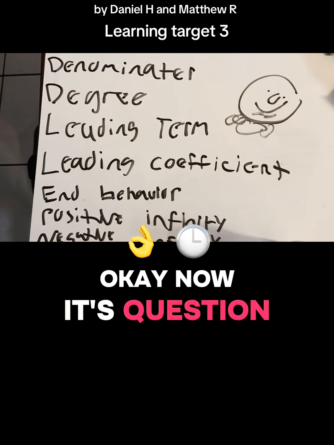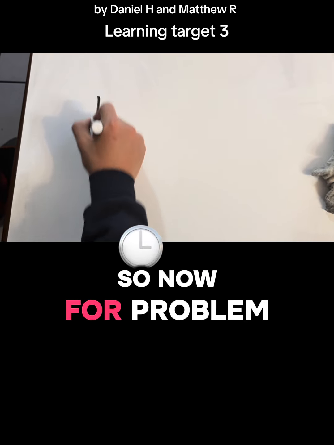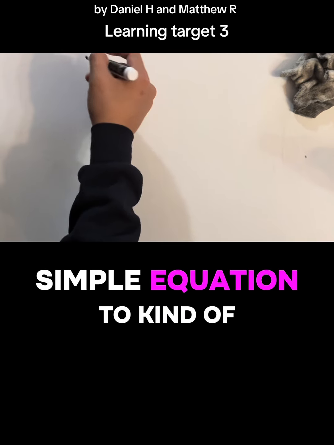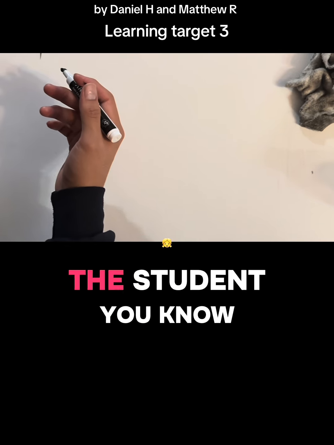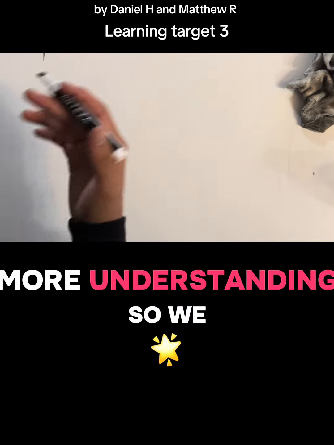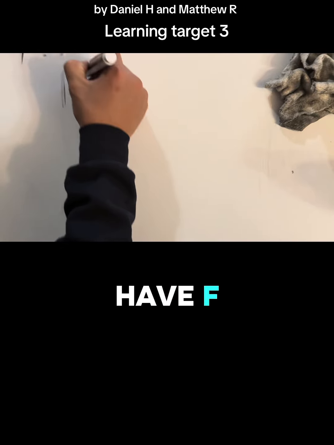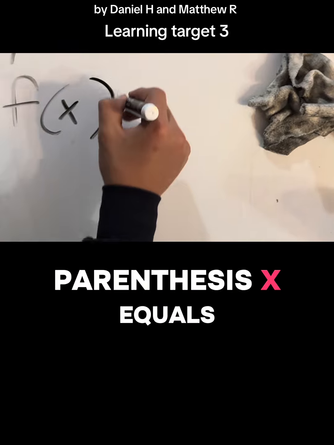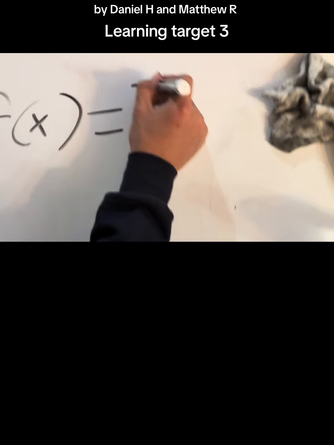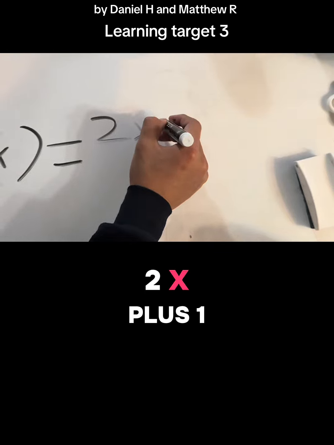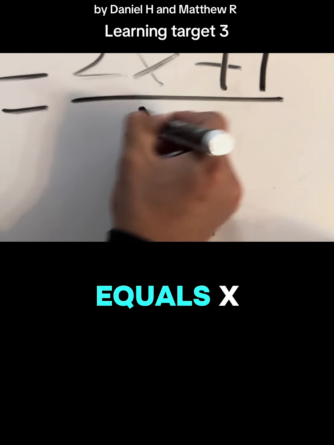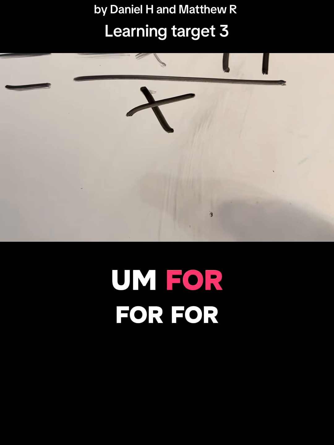Okay, now it's question number uno. So now for problem uno. That's a very simple equation to give the student more understanding. So we have f(x) = (2x + 1) / x.